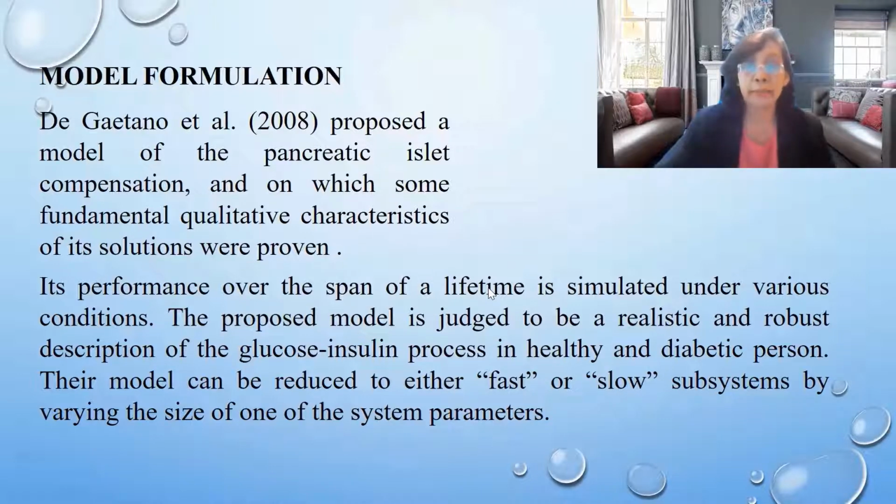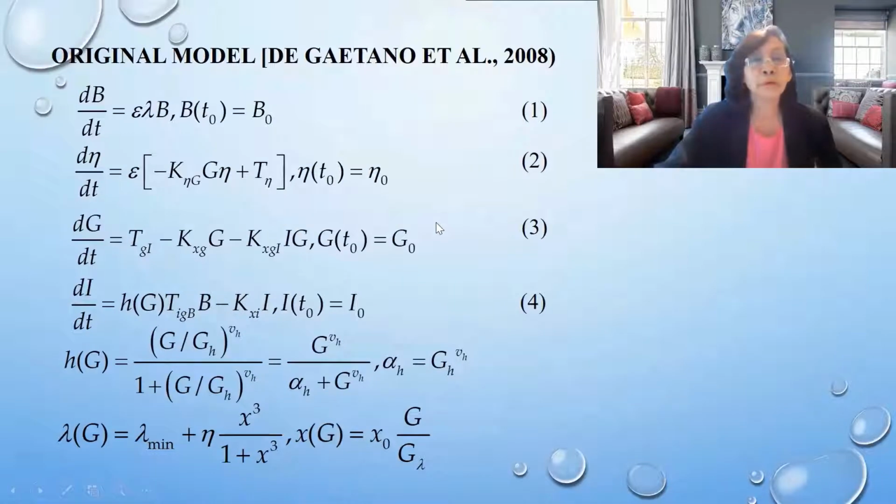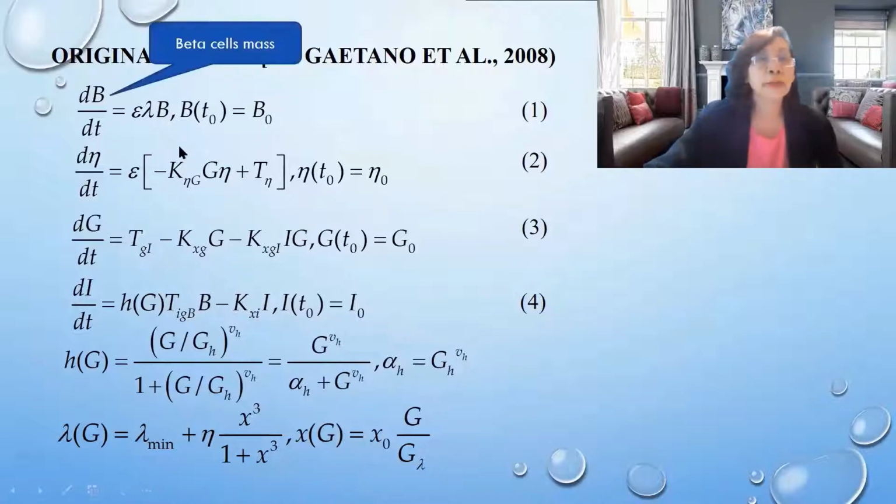The original model of De Gaetano and co-workers consists of these four equations. The first one is the rate of change of beta cells mass, which varies as a product of lambda and B itself.